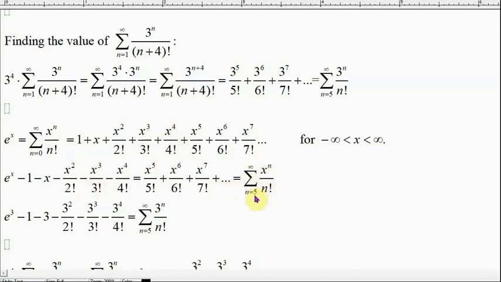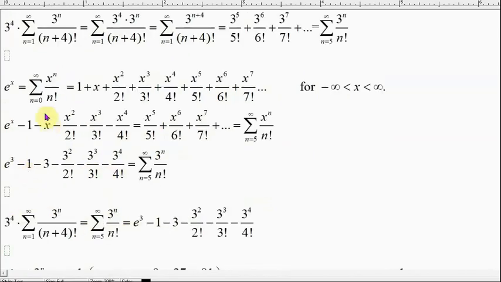And now let x be 3, then we get e to the third minus 1 minus 3 minus 3 to the second over 2 factorial minus 3 to the third over 3 factorial, and minus 3 to the fourth over 4 factorial. 3 to the fourth times the summation with 3 to the n over n plus 4 factorial is equal to this.